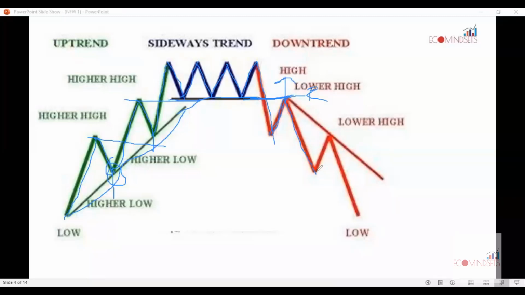Once price got to this level, it rejected and pushed up, but never broke this descending trend line. It respected that line and pushed down. Price pushed down again. Price will keep repeating this: it will move to the trend line and then push down.